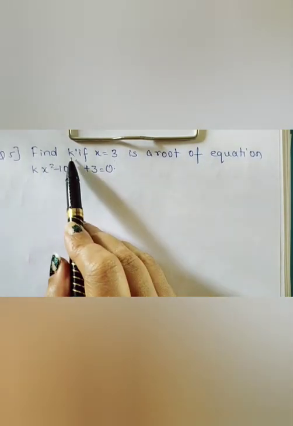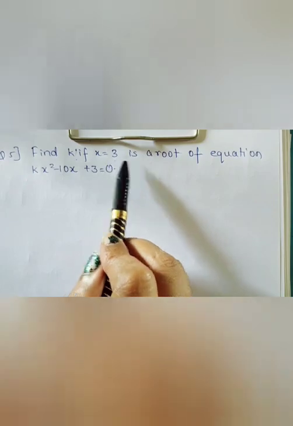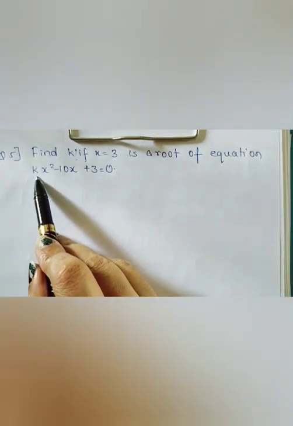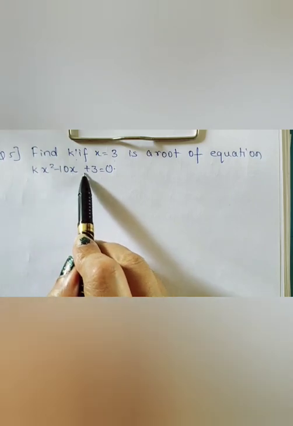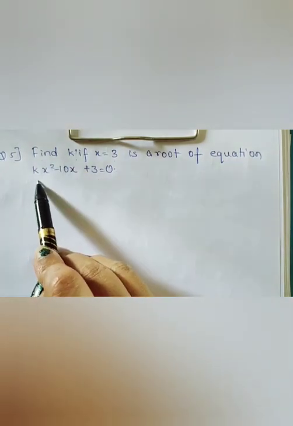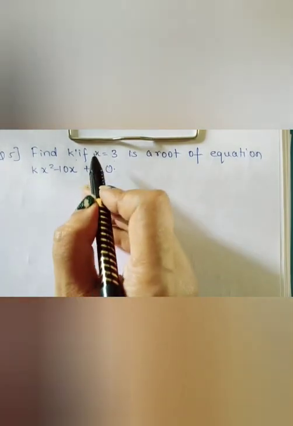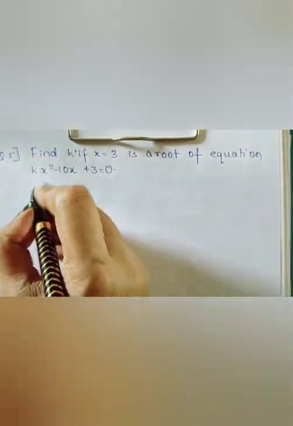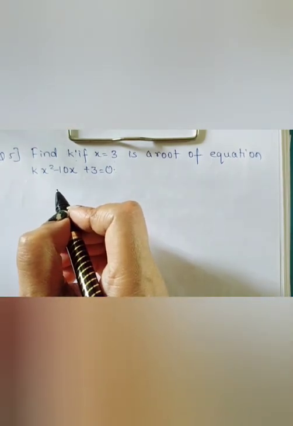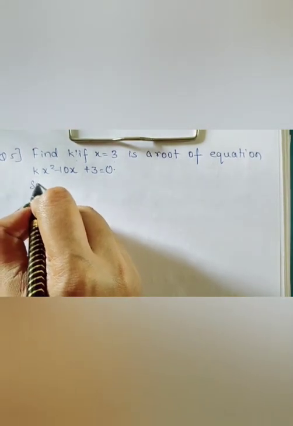Next question is given: find k if x equal to 3 is a root of the equation. The equation is given: kx square minus 10x plus 3 equal to 0. So we have to find the value of k here. So what is given? Root given, that is x equal to 3. Got it? Now we are going to substitute first.